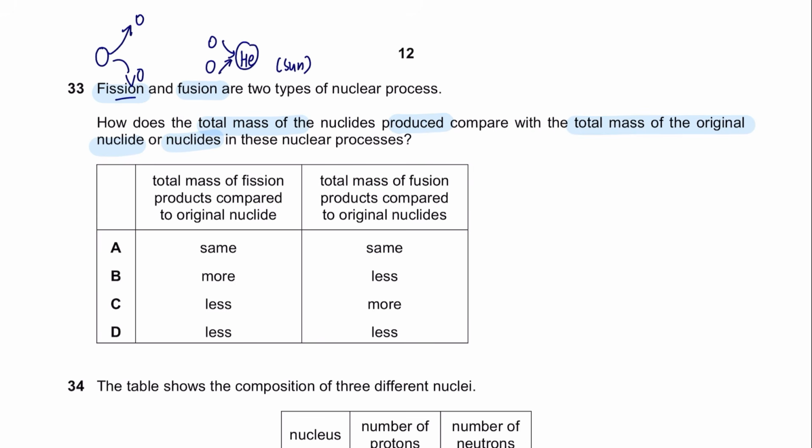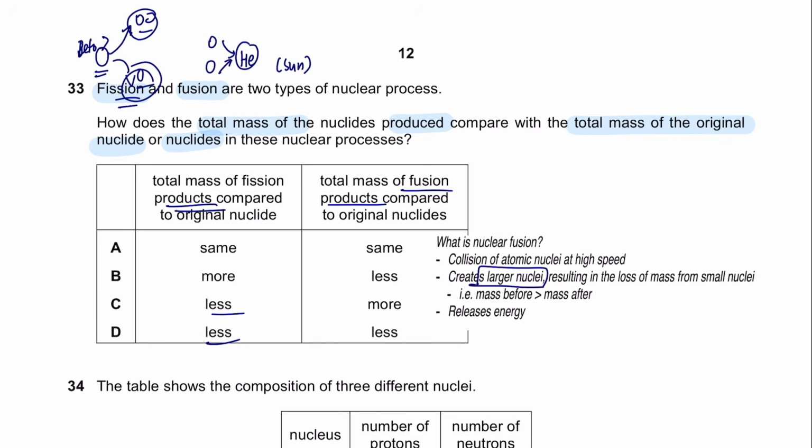For nuclear fission, the total mass before is larger than the total mass after. So the total mass of the product would be lesser. And for fusion, you should know that they will create larger nuclei, which results in the loss of mass from the smaller nuclei. Therefore, the mass before is actually more than the mass after. So the mass of the product is lesser. So your answer is D.